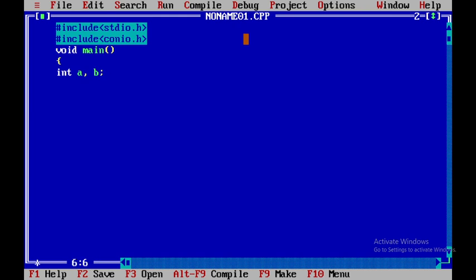Then clear the previous output, then printf enter a is equal to first number. Then scanf percent d and a.